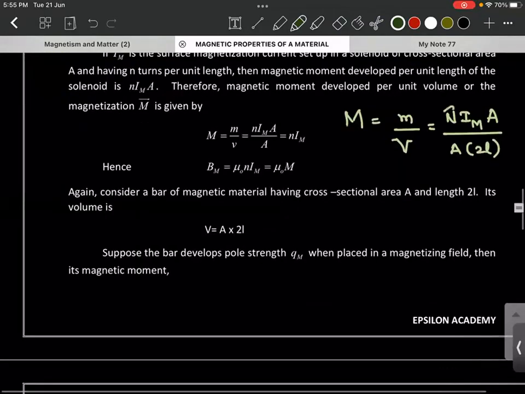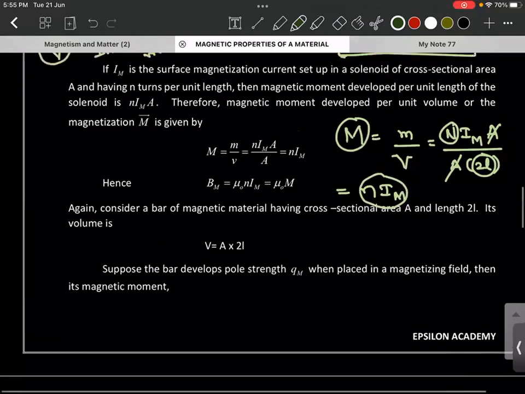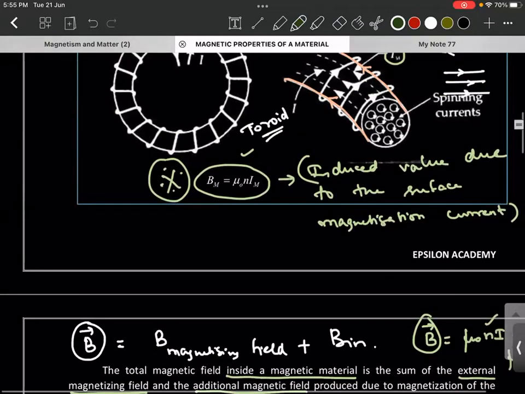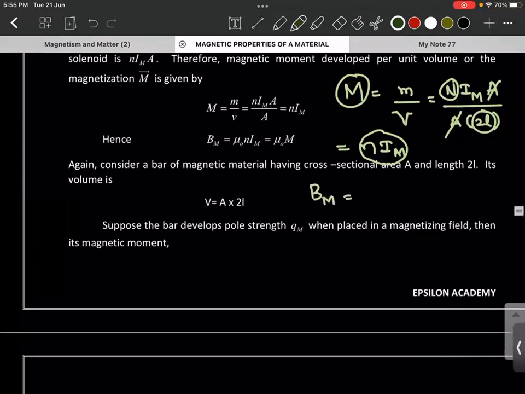Capital N divided by 2L will give you small n. A and A get cancelled. So small n into Im can be called the intensity of magnetization. But I already told you a formula here: Bm will be equal to mu naught into n into Im.